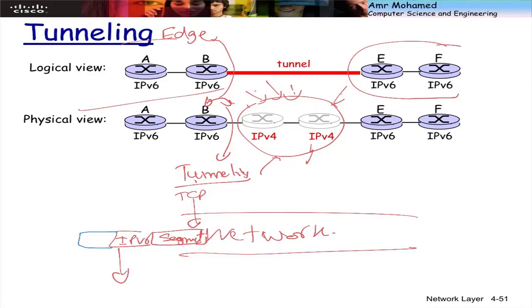Okay, so re-encapsulate IPv6 inside IPv4 header. So for us, IPv6 packet has become like a TCP segment. Okay? It's totally seamless. It's transparent to us. We don't know what's inside. مالناش دعوة.